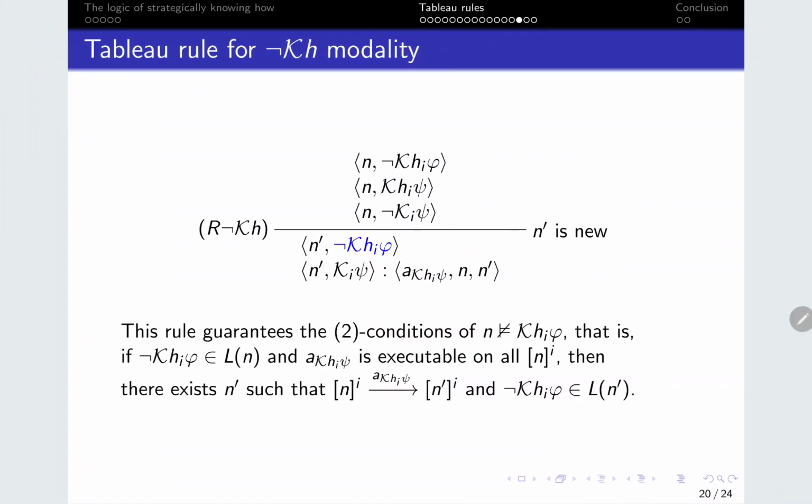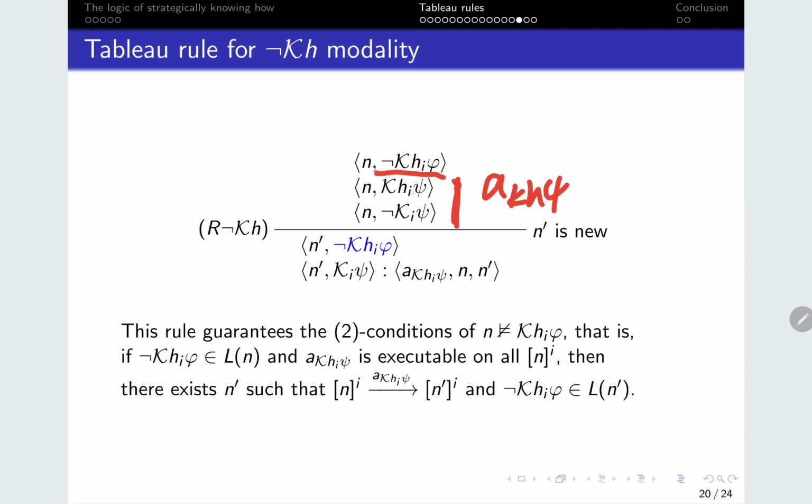So the Tableau rules for the negation know-how will look like this. To guarantee that know-how phi is not true on N, we only need to consider the action A and know-how psi, because this action will be only generated by these two terms.